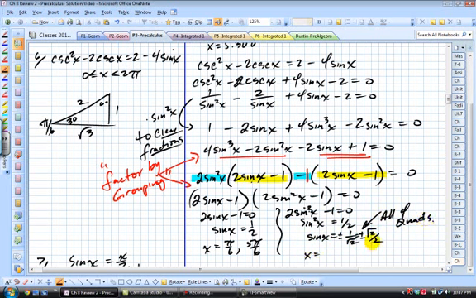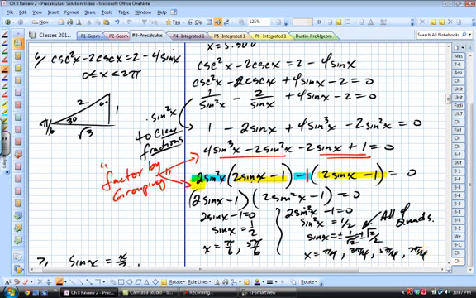Here you're on the 45, 45, 90, so your first solution is pi over 4. Next one, 3 pi over 4. In quadrant 2, quadrant 3, 5 pi over 4. If you know the unit circle, you know these angles. And then 7 pi over 4 for the fourth one. So we have 6 solutions here. How cool is that? 6 solutions.